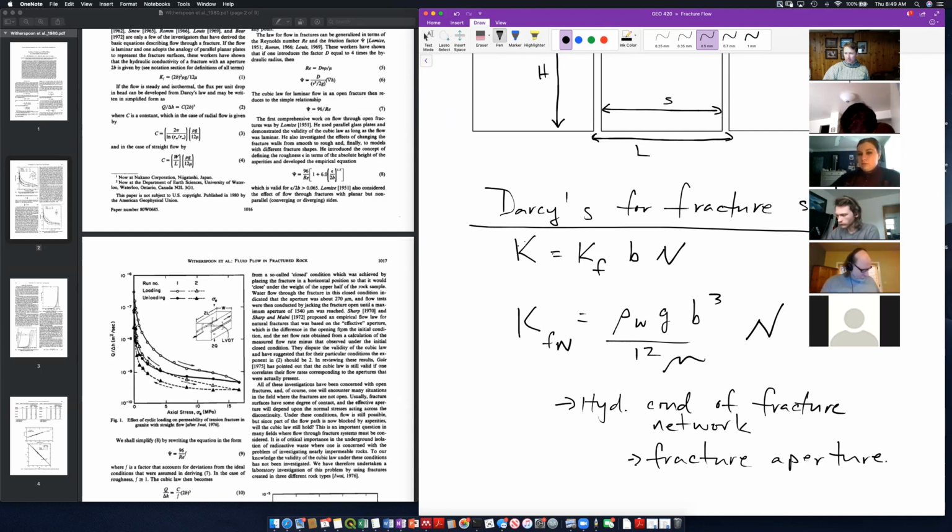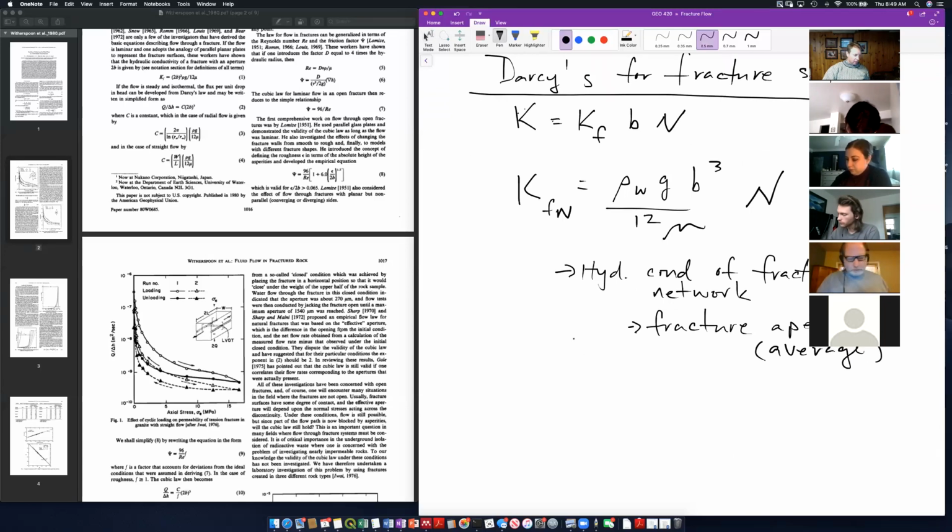And as Mark said, this would be some uniform fracture aperture or some average fracture aperture. And the fracture spacing, but the aperture is much more important.